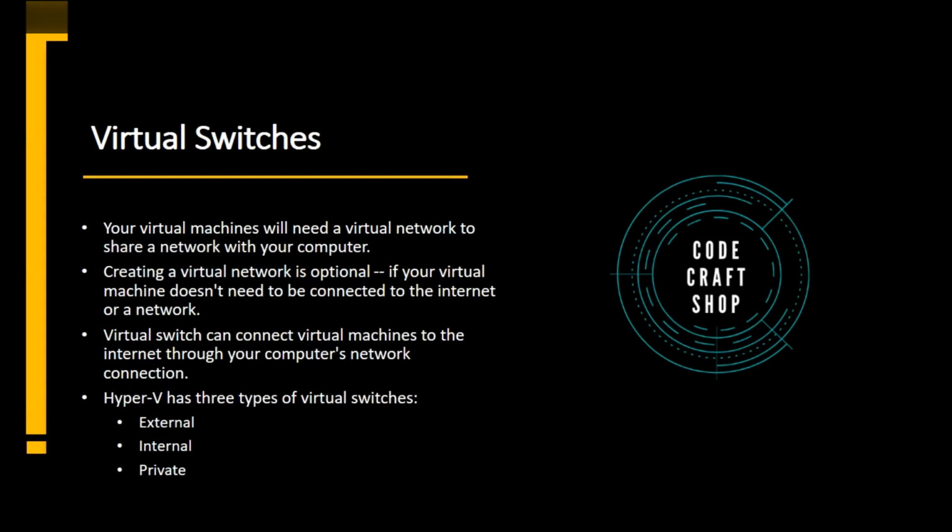But since we are working in an environment where we need to communicate between the host operating system and the virtual machine's operating system, we need to create a virtual switch. A virtual switch can connect our virtual machines to the internet through the computer's network connection. We have three types of virtual switches. The first one is external, the second one is internal, and the third one is private.